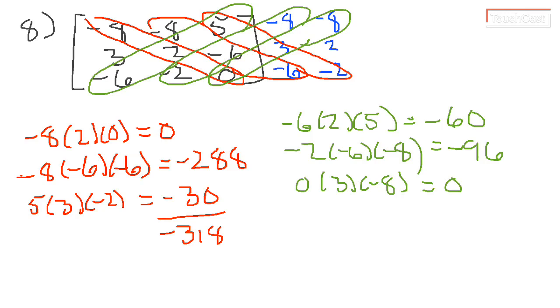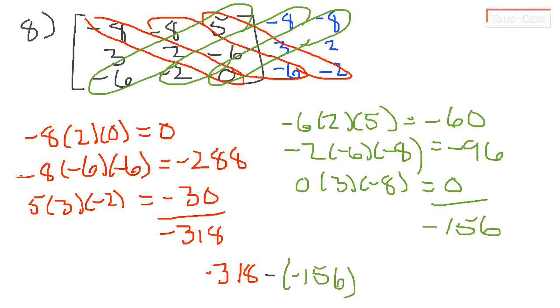When we add those up, we get negative 156. When we now subtract these, we get negative 318 minus negative 156. So the determinant is going to be negative 162.